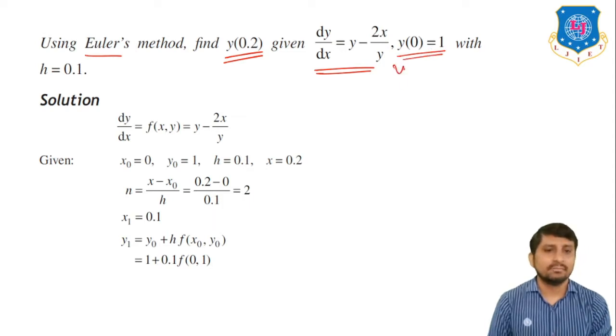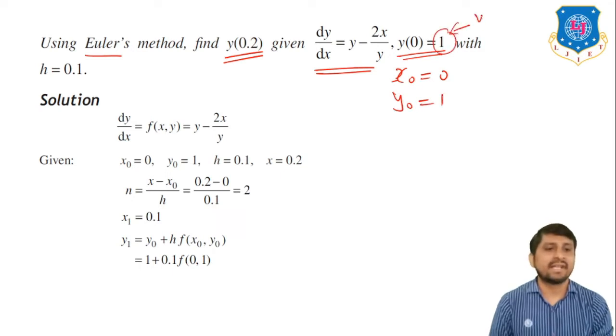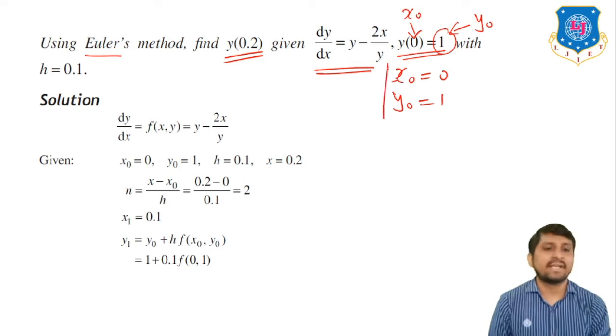Now y of 0 equal to 1 means x0 is equal to 0, and y0 is 1.